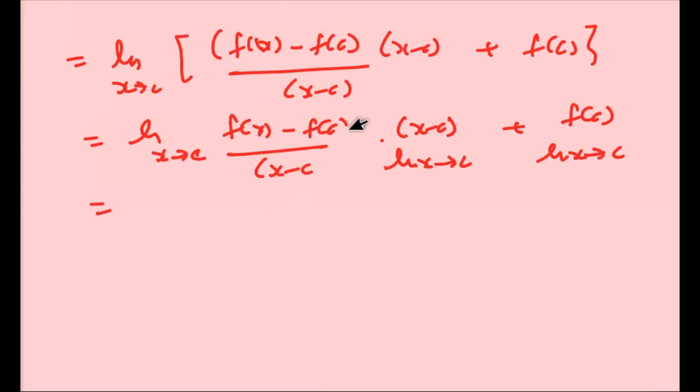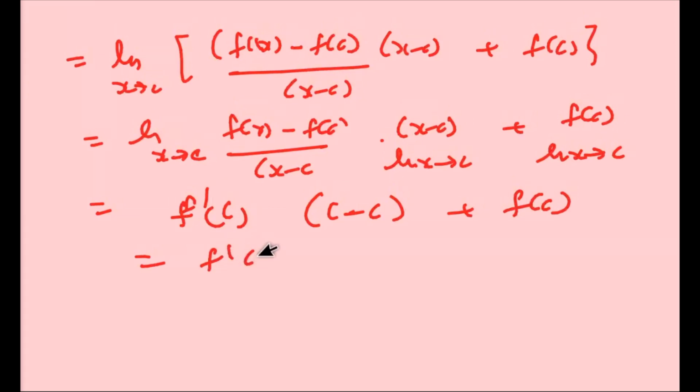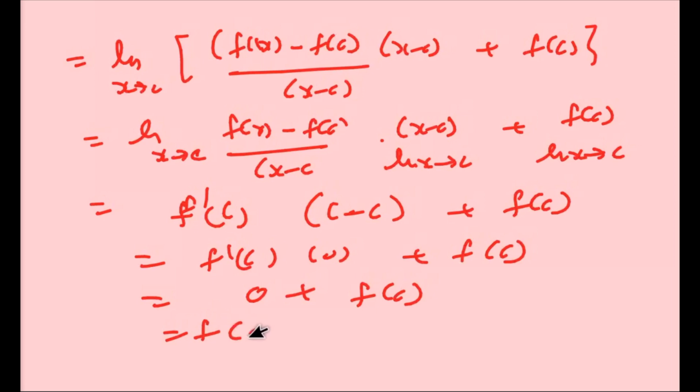Now what is this? This is f dash, the differentiation. So we can write f dash c. Now putting c here, we get c minus c, plus the limit of this is f(c). So f dash c into 0 plus f(c). So now we can see if this exists, then this is equal to f(c).